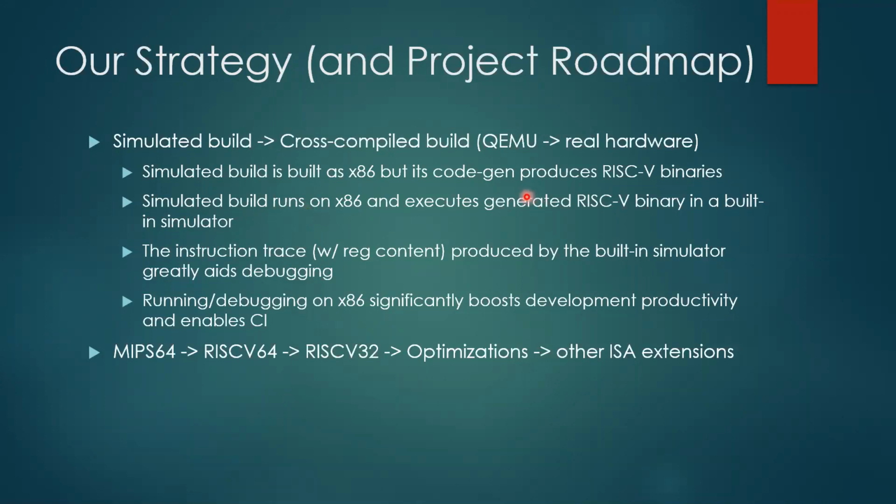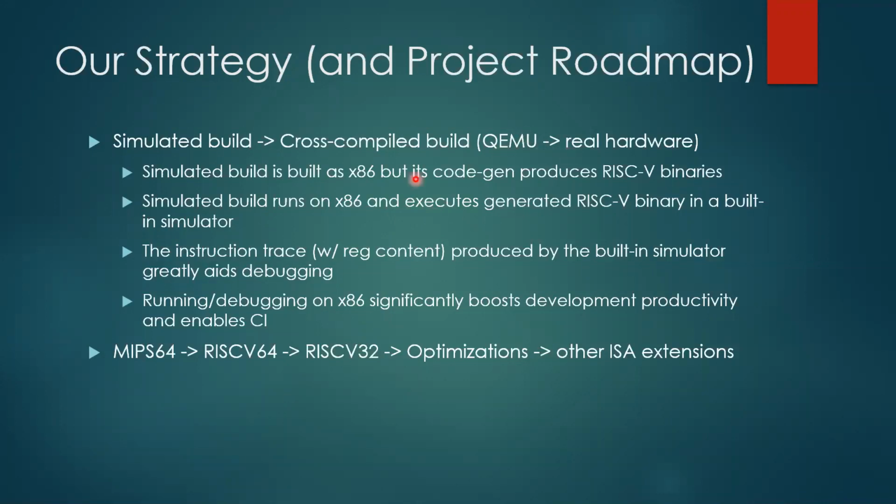Of course, this would not be acceptable for someone who actually wants to use V8 on a RISC-V board, but we can do a lot inside this simulated build. We can fix a lot of bugs, and before we cannot move any further, we can move on to QEMU and then to real hardware.